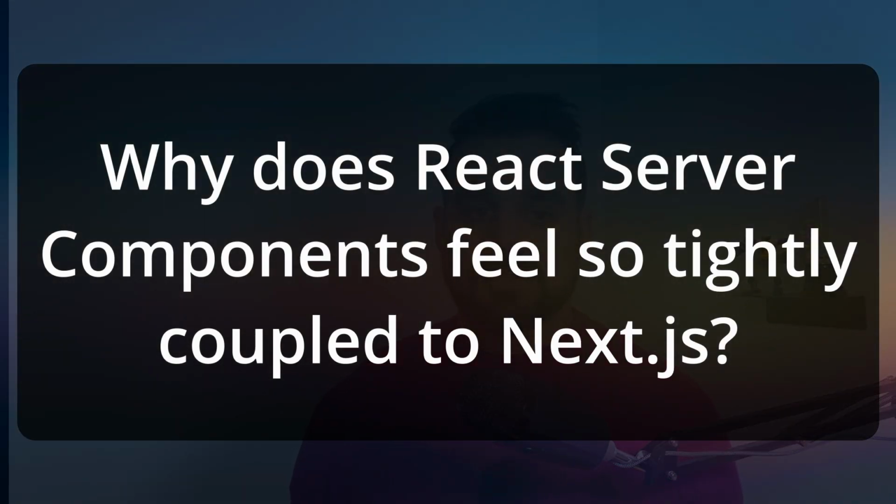Why do React Server Components feel so tightly coupled to Next.js? So React Server Components need a router. That's it, point blank. React packs no server with it, but they require a layer for rendering and a way to trigger that response.